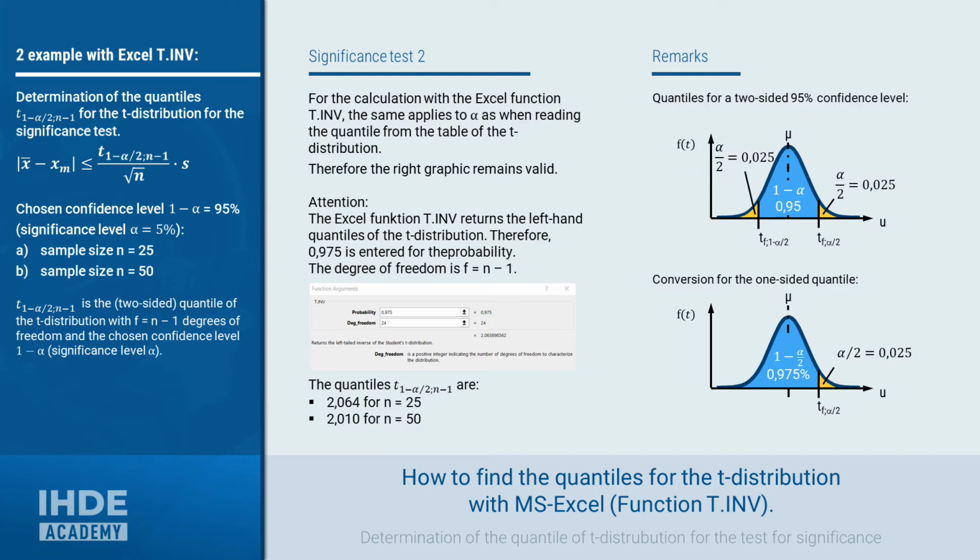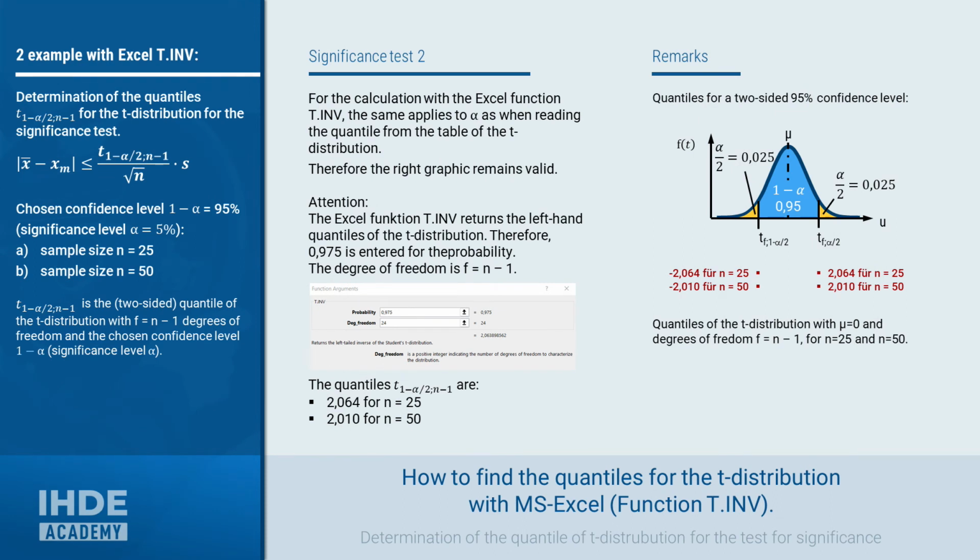With a sample size of 25, the degree of freedom is 24. The result is a value of 2.06389 and so on, which is the same as the quantile we just read from the table earlier. The same applies to the sample size of 50.